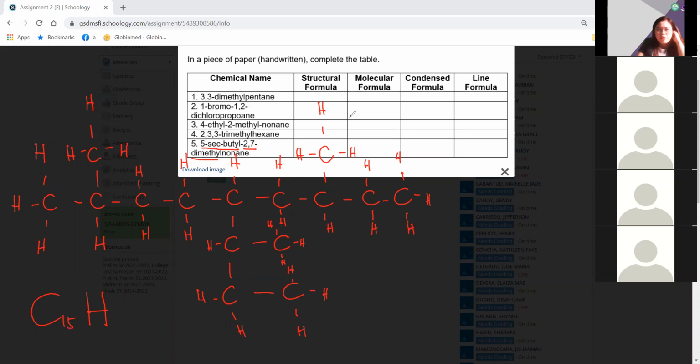Nonane plus 4, 9 plus 4, 13 plus 12 methyl, 15 carbons, C15. Okay, and then let's count the hydrogen.